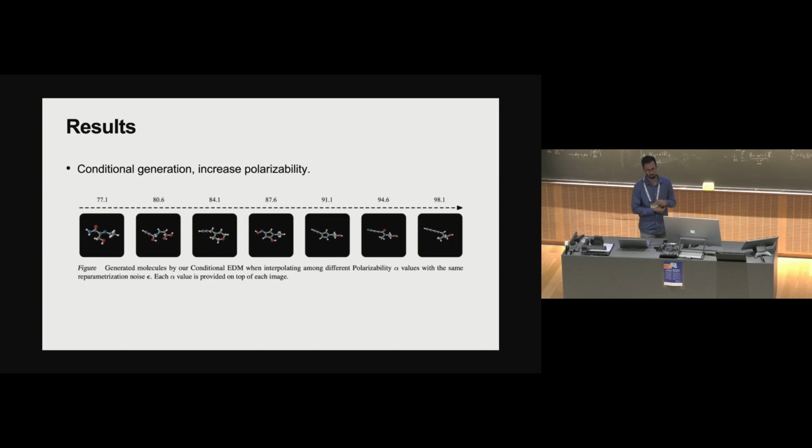Also, the distribution of atoms: you would expect something like oxygen to be on one side because it's also polarizing more than if you only have carbons. So you can see that this is something that is happening here. As we increase this polarizability value, we see that the molecules get a bit longer. In the one with maximum value, there is an oxygen atom at the end, which is also pulling the electrons more. So this is just the experiment on conditional generation.